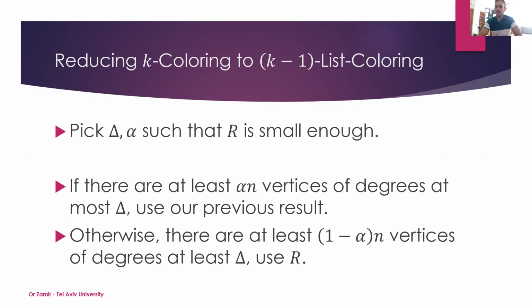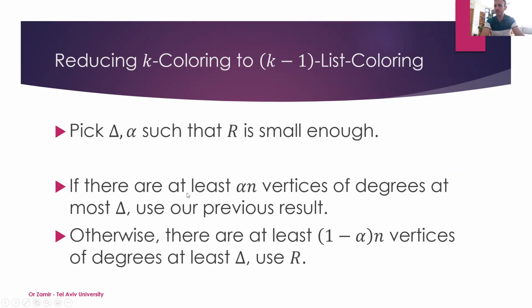Let's pick some large constant delta and some small constant alpha, such that if I am in the case that 1 minus alpha fraction of the vertices are of degree at least delta, then I can indeed do what I just mentioned and get an exponential improvement. And then if I can, then everything is fine. But if I can't, it means that there are at least alpha fraction of the vertices of degree that is at most delta.